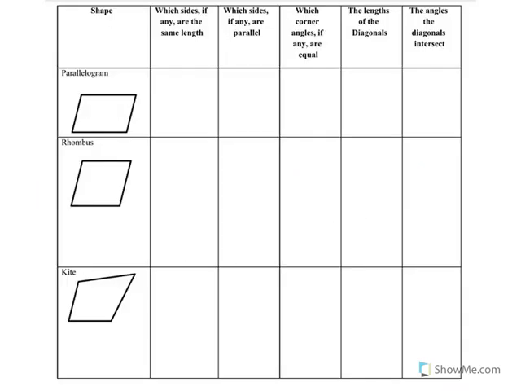Okay, we're just going to go through each of these shapes and determine which things are the same. So on a parallelogram, we have two sets of congruent sides. So these two are congruent and these two are congruent. It has two sets of parallel lines, which means that this is parallel to this and this is parallel to this.